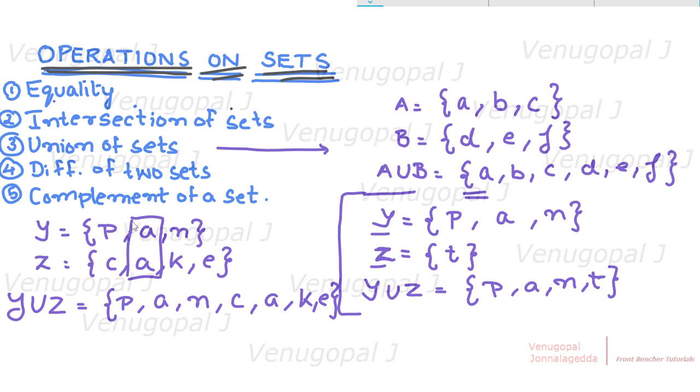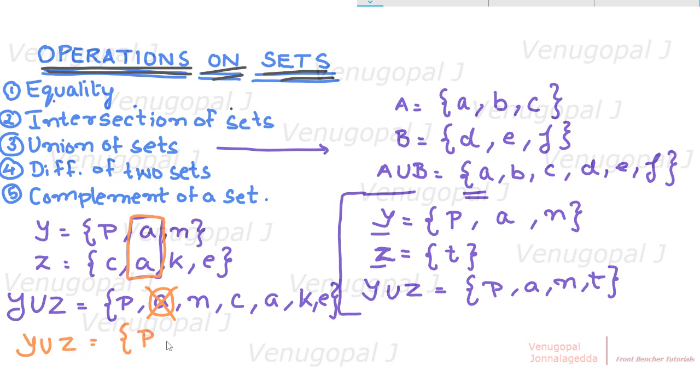The common element in both Y and Z is A. So the exception rule in union is, you can put the common element only once. You cannot put it twice. So one of the A, which is a common element, has to be removed and a union has to be formed.